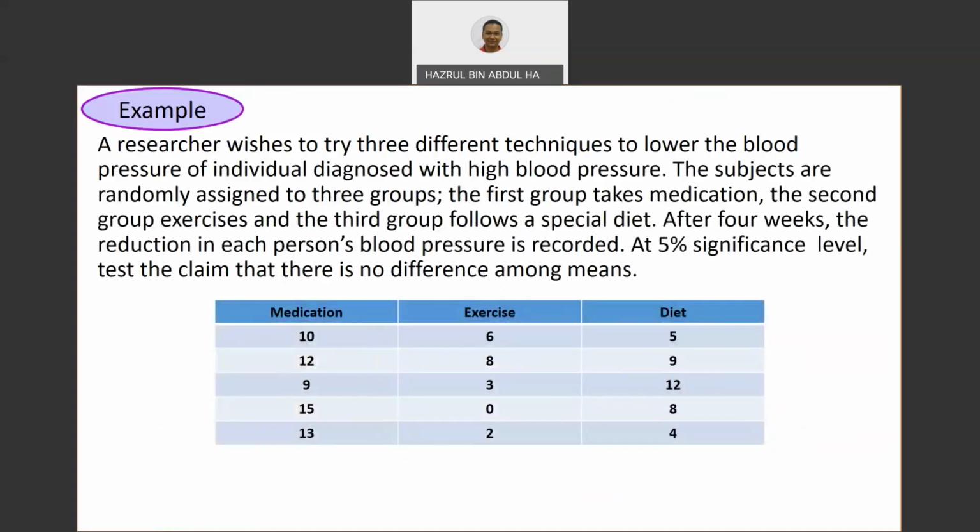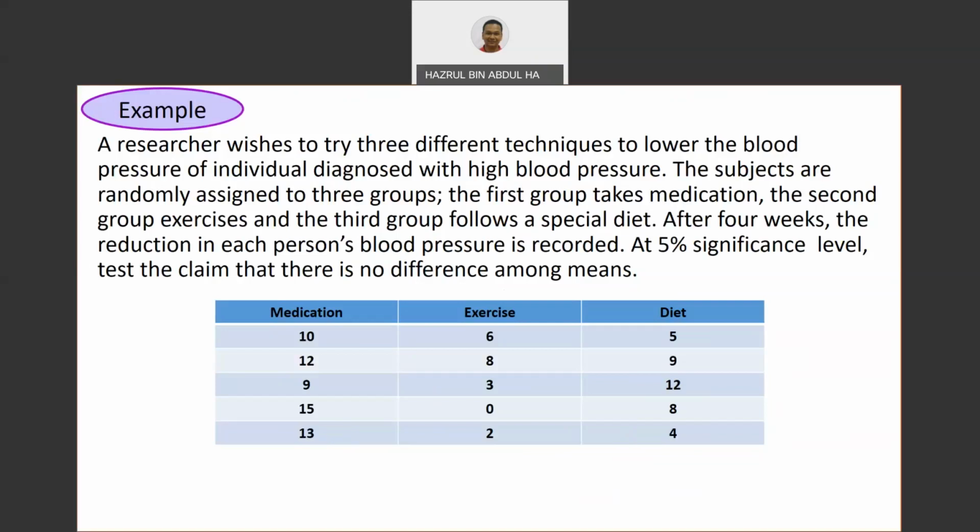This is the first example that we discussed previously in ANOVA. A researcher wishes to try three different techniques to lower blood pressure, so we have three groups. The first is medication, the second exercise, and the third diet. At the 5% significance level, test the claim that there is no difference among the means.